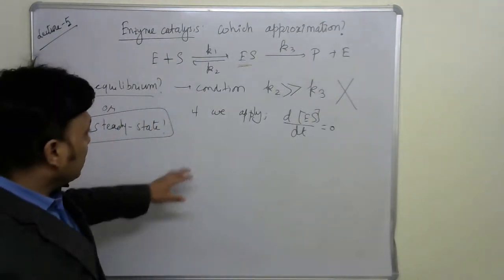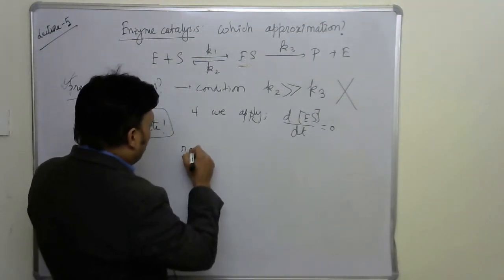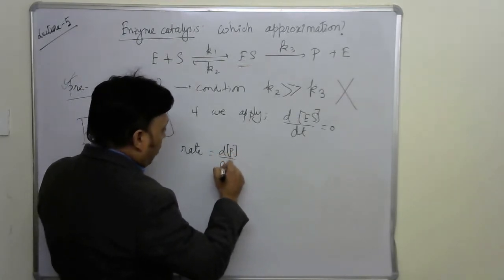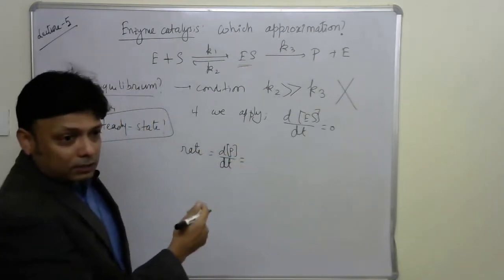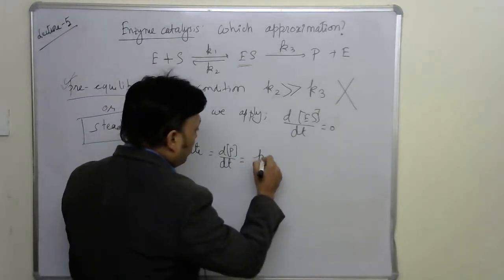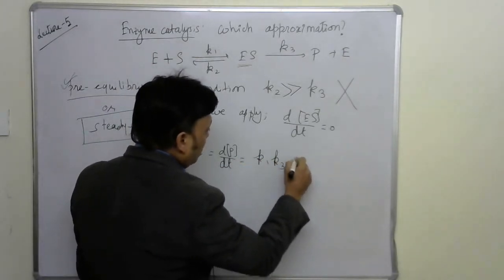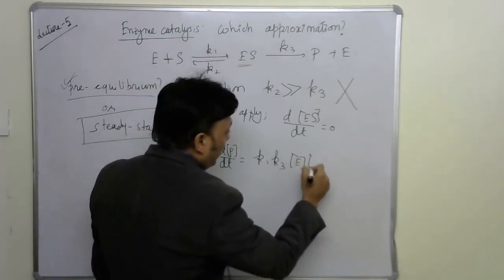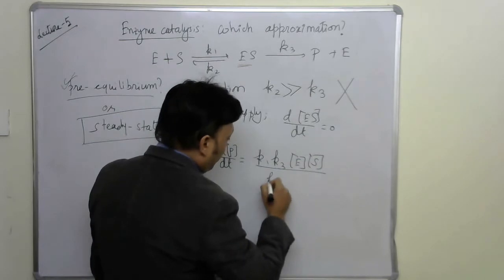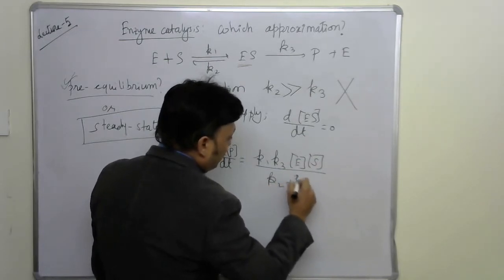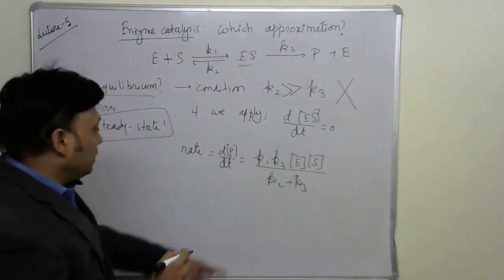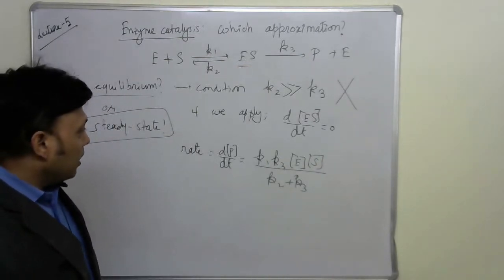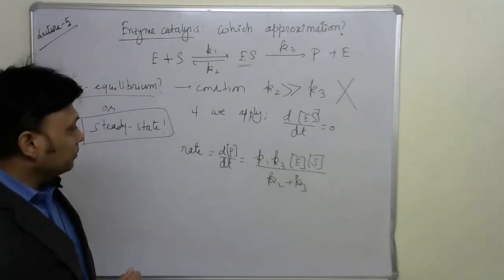Now if we apply that condition, the rate is equal to dP/dt, or the catalyzed rate becomes equal to k1 k3 multiplied by E multiplied by S divided by k2 plus k3. So this was the equation that we have already seen, right? But here we still have one problem.